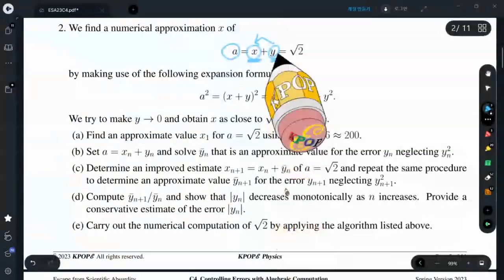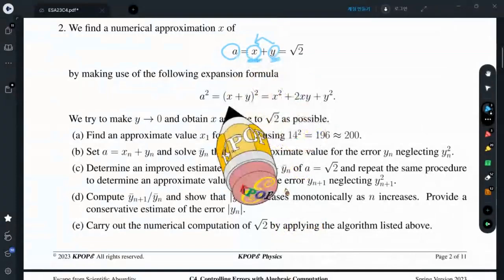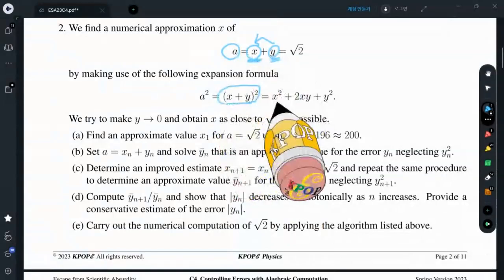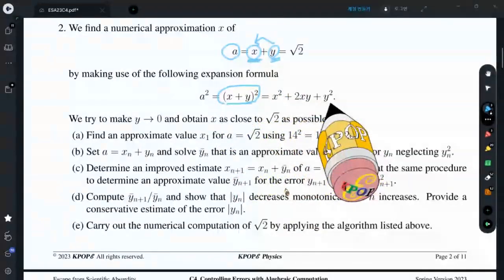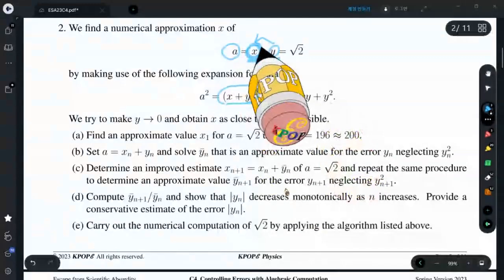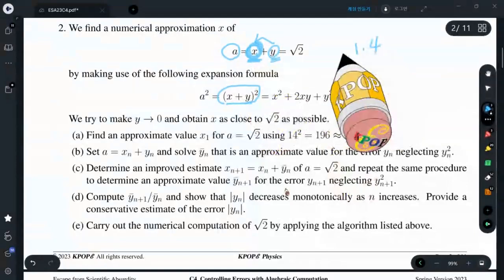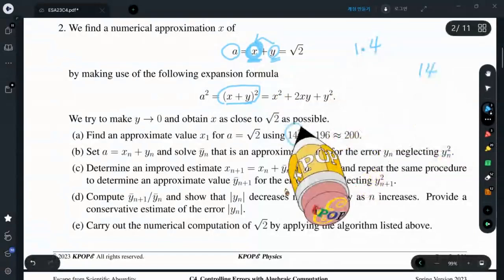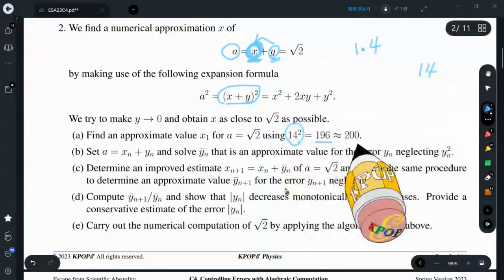First, at least it should be a sum of two numbers, and we can expand this, expand x squared: x squared plus 2xy plus y squared. Haha, we find this is the dominant term contribution. For example, at least we know it is near 1.4 because we know 14 squared is 196, very close to 200.